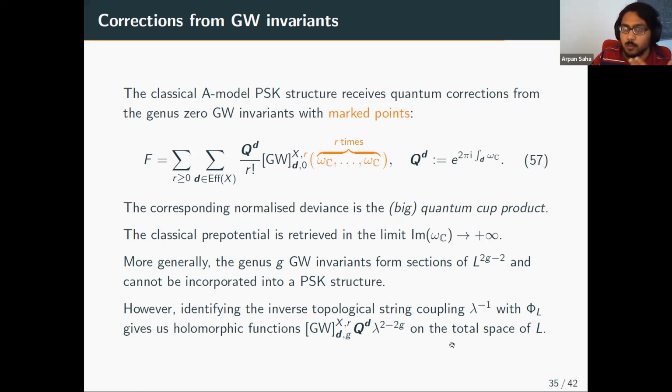But if you go back to the total space of L, then this combination does define a holomorphic function on the total space of L. So basically, I'm interpreting the inverse topological string coupling, lambda inverse, as giving me the point on the holomorphic line bundle L. I'm identifying it with the tautological section. Okay.